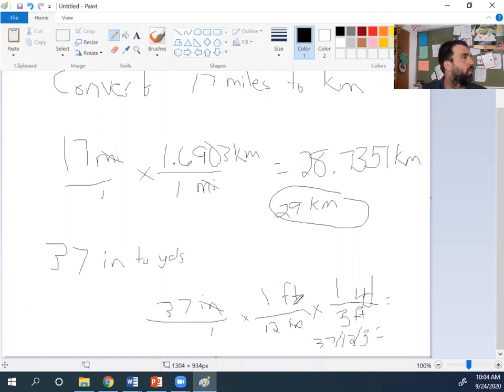Okay, so let me ask this question. How many figures do I need? These are exact numbers, so I don't really care about those. How many did I start with? 2. So how many do I need in my answer? 2. So what's my answer? 1.0.